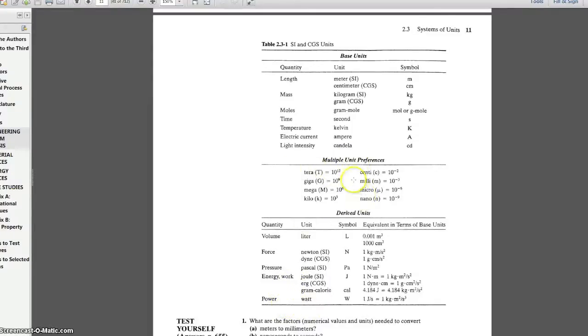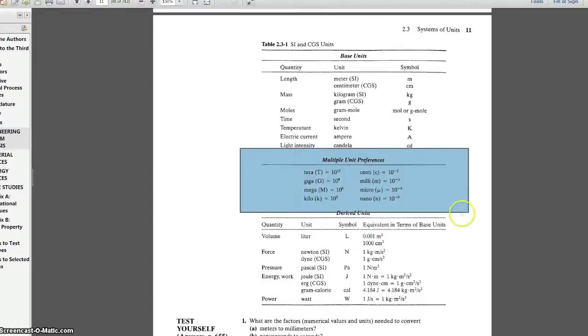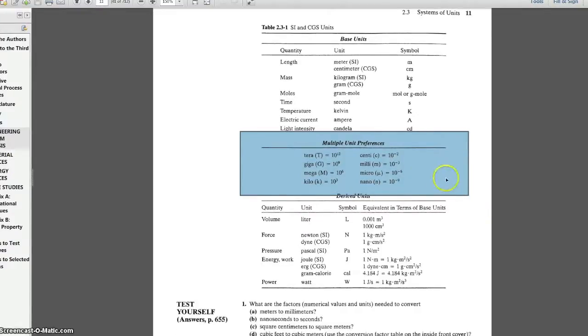You will find it later. Well, the middle part is multiple unit prefixes. I guess students who are proficient with electronics or gadgets are usually good at this, because you know the megabyte, the gigabyte.